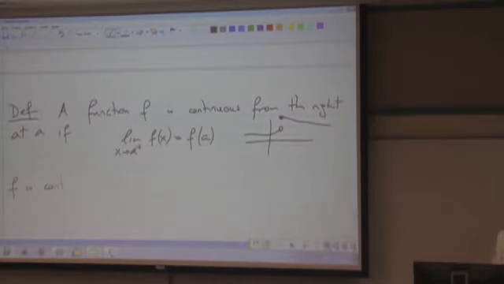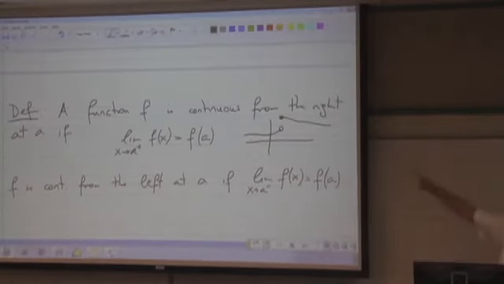F is continuous from the left at a if the limit as x goes to a minus of f of x is equal to f of a. Same picture, though.